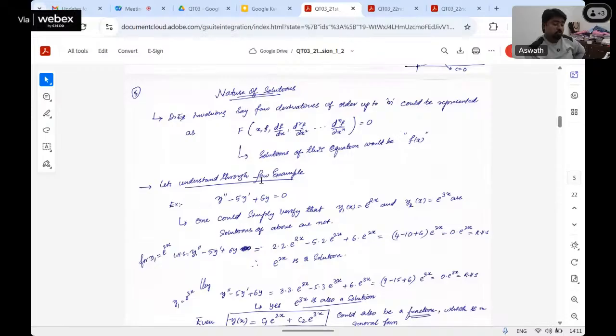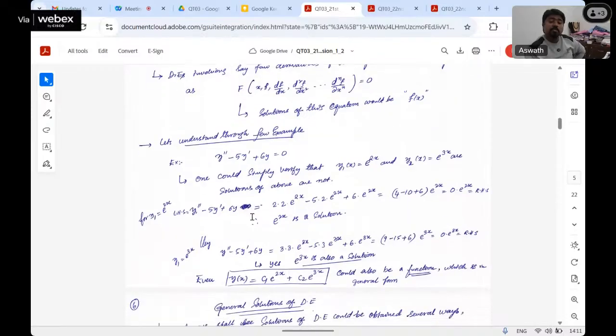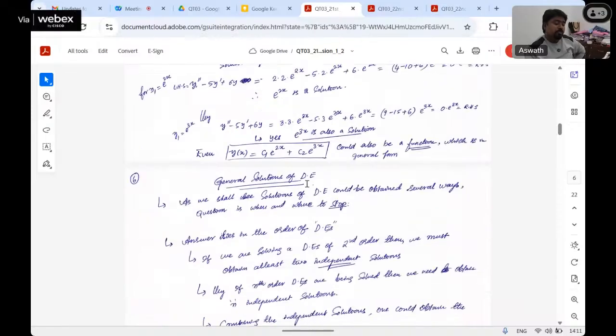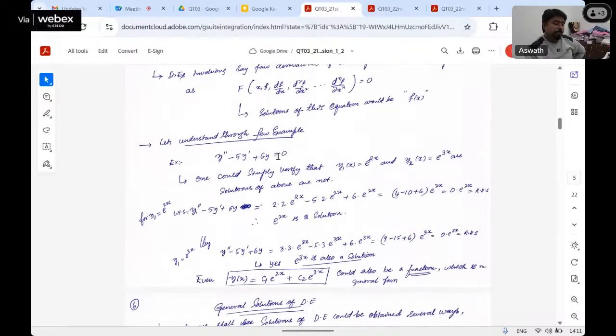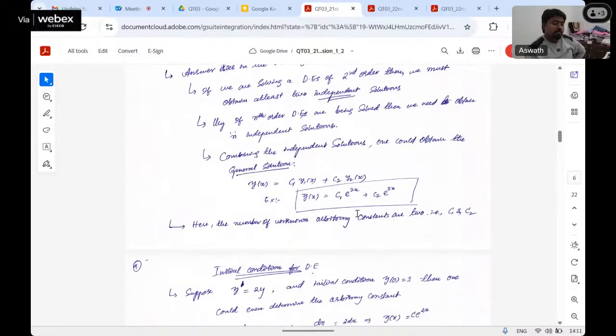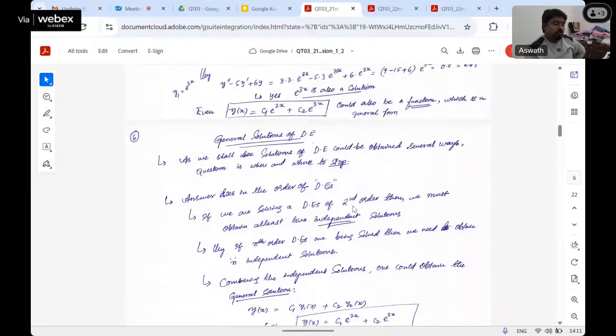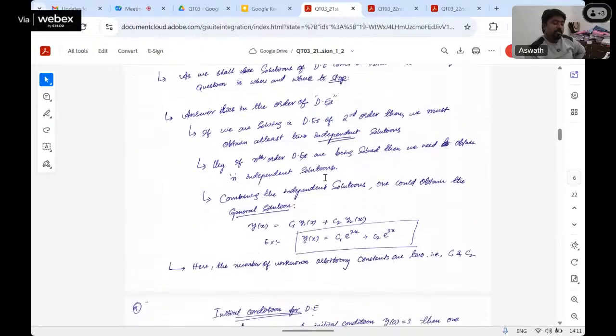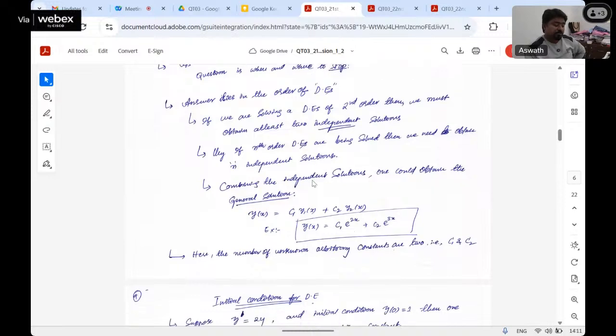From there, you find some independent solutions, and from the independent solutions you can construct a general form of the solution. So here, for a differential equation, I guessed exponential 2x and exponential 3x as two solutions.